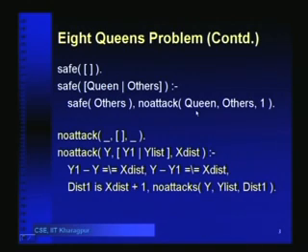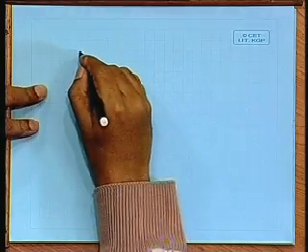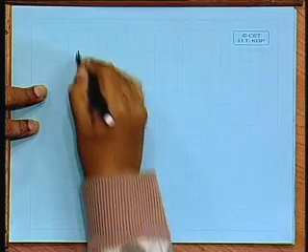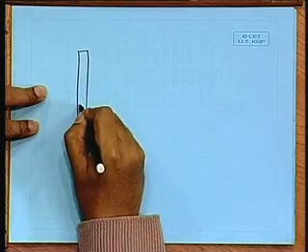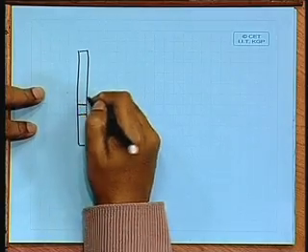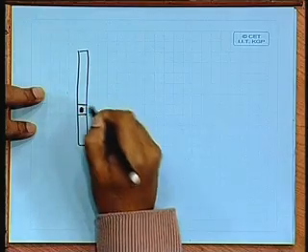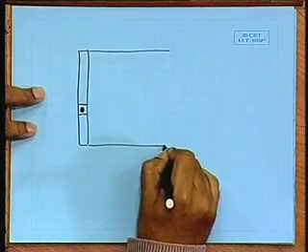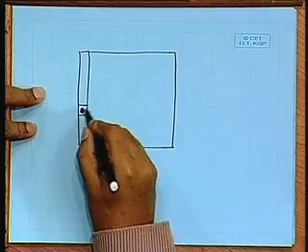So, what we are going to do is, let us consider that this is the column in which we are looking at the queen. Suppose we have the queen here in this column, and these are the other columns which are to the right of it, and we want to check that this queen does not attack any of the others.